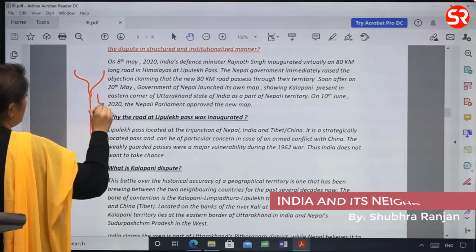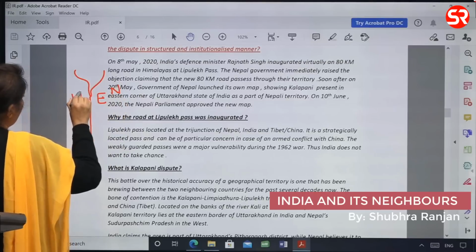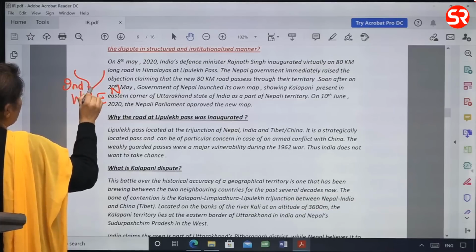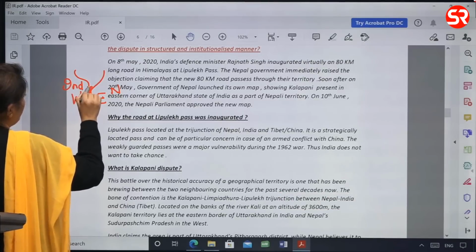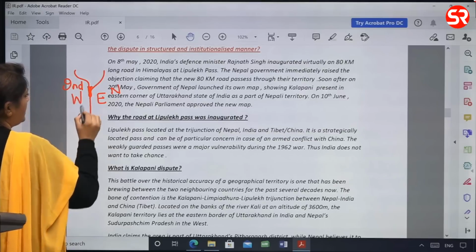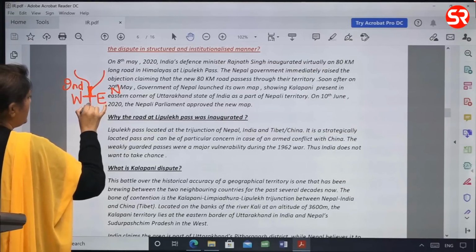The territory east of river Kali belongs to Nepal, west of river Kali belongs to India, and Kalapani is at the tri-junction. There is a difference in the interpretation of where the Kali actually starts.